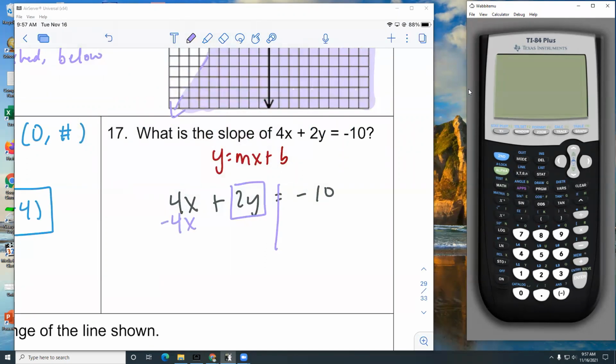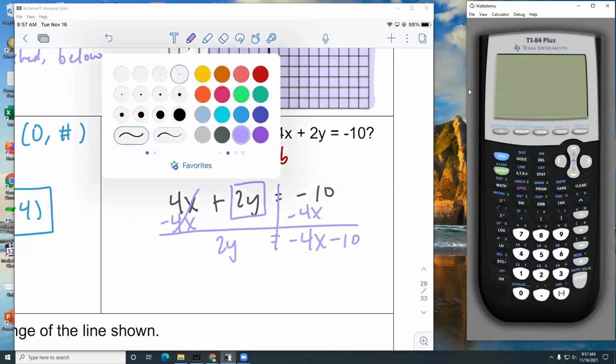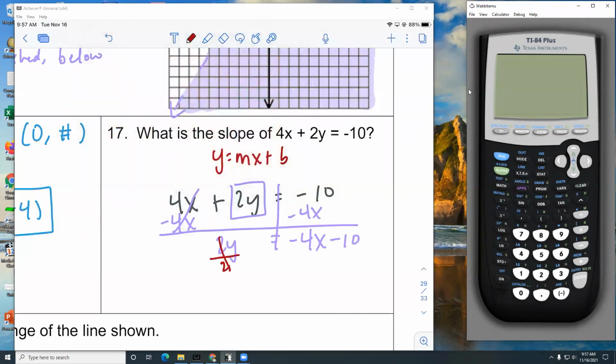So let's subtract that 4x over. 2y equals negative 4x minus 10. And divide both sides by 2. So I get y equals negative 2x minus 5. But the question is, what is the slope? My slope is that number in front of x, which is negative 2.